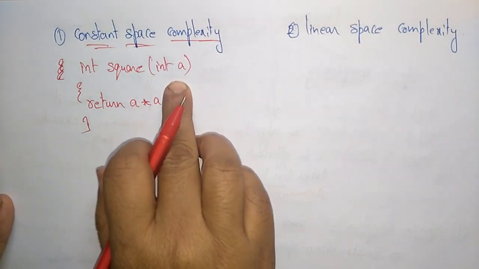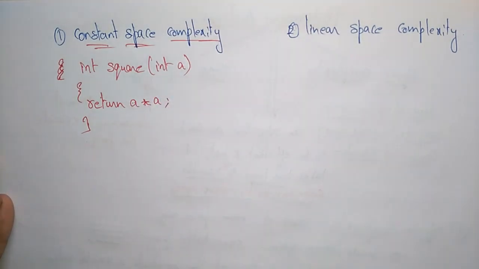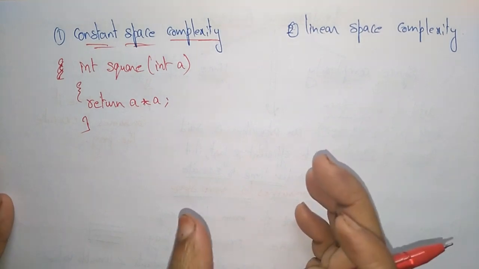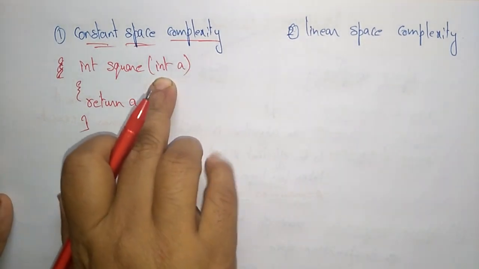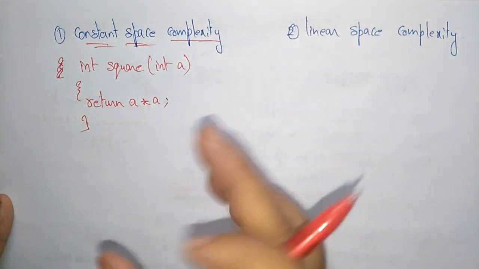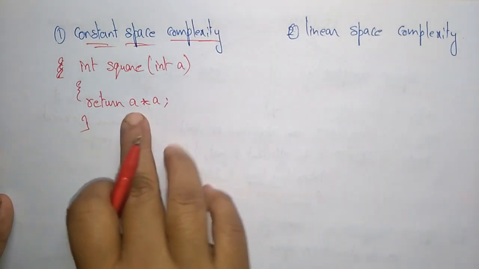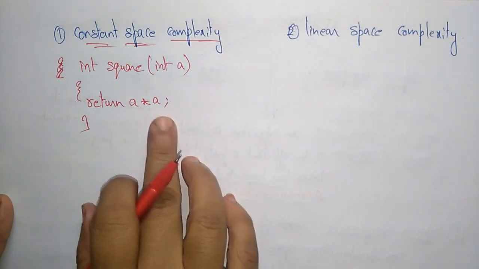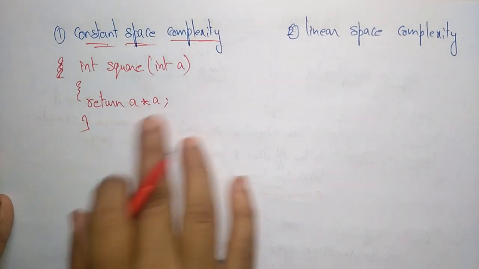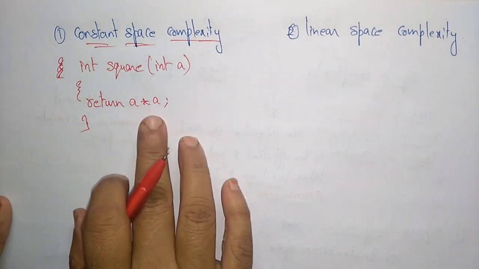Only one variable we are using, and that variable has some constant size, based on the data type. Here we are using the integer, so this integer has some constant space complexity. Only one integer value is used.